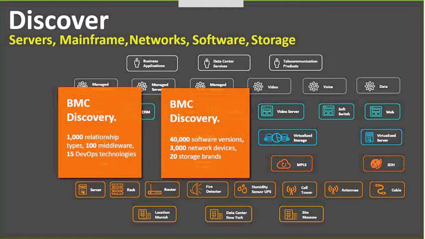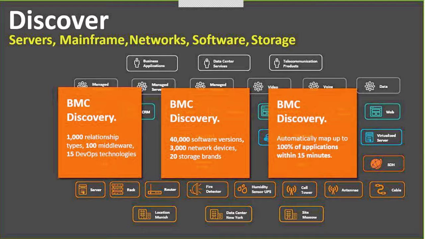Being able to do that level of discovery and recognition of what's running on those devices, with the improvements they've now made in version 11 with this simple application mapping, we can get to doing that very, very quickly.